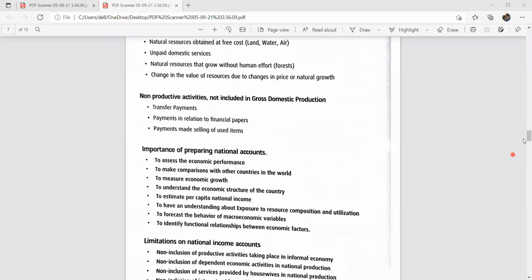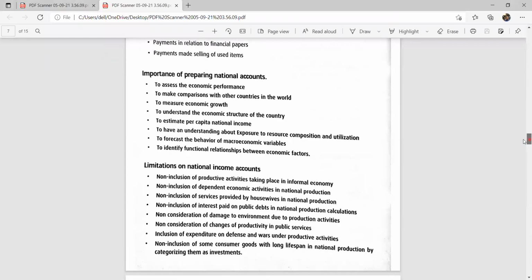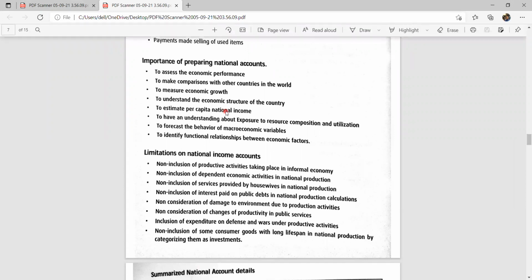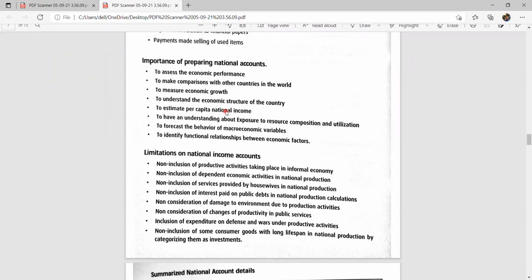After this, we consider the importance of preparing national accounts. We have to measure performance. We have to calculate the country's growth rate, economic growth, per capita income, measure living standard, and recognize the structure of the country, like primary, secondary, and service sectors, which can be realized by looking at national accounts.